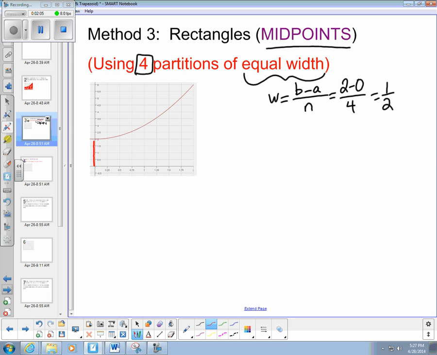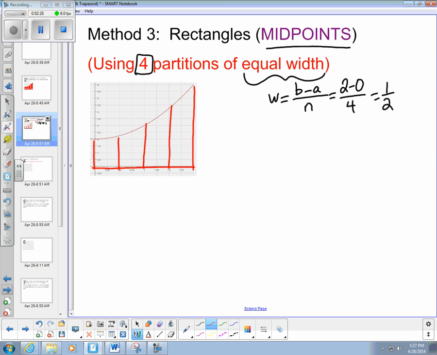So we're starting at 0, and then a half, at 1, at 1.5, and at 2. And I'll remind you that you really want to not try to draw these graphs too small because then it's hard to see what you're doing. Okay, so I've got this split up into 4 sections of equal width.